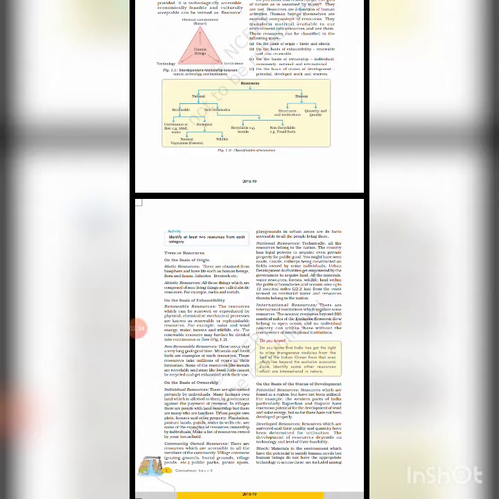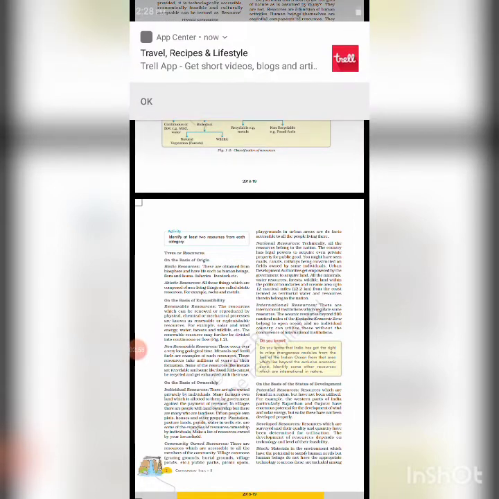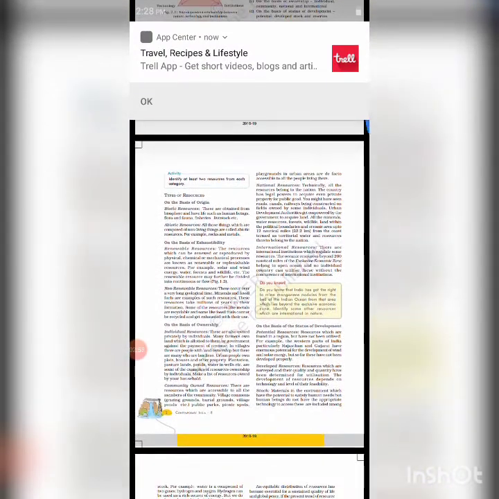Now come to the first one, on the basis of origin, meaning biotic or abiotic. What do you understand by biotic? Biotic resources are obtained from the biosphere and have life.